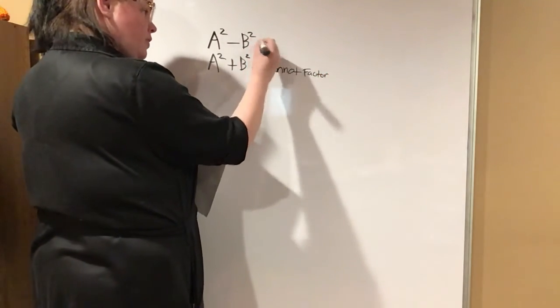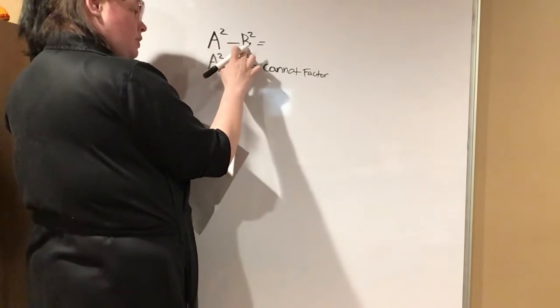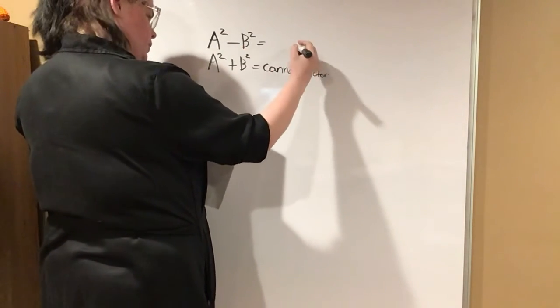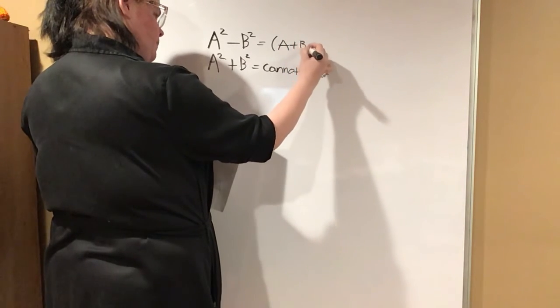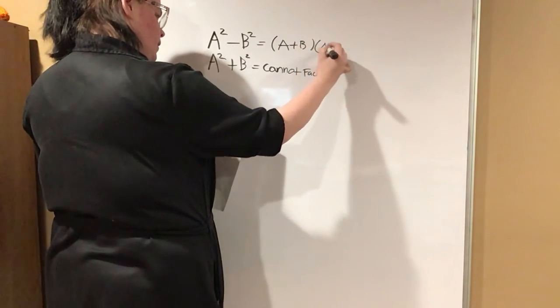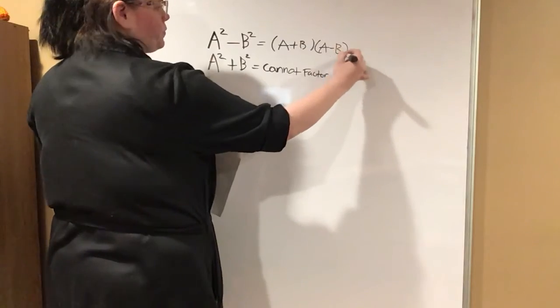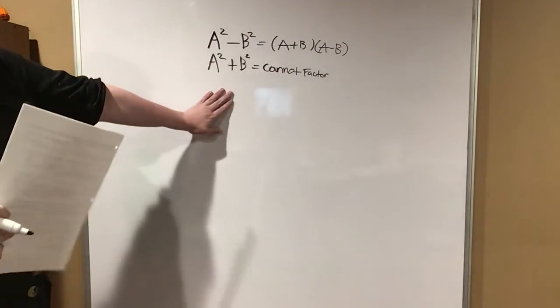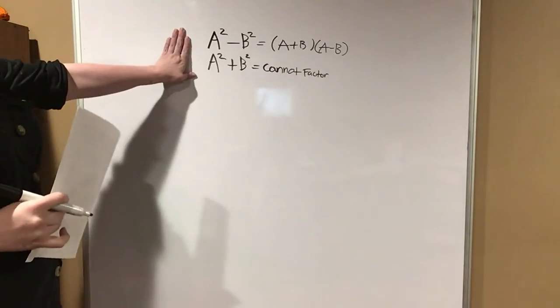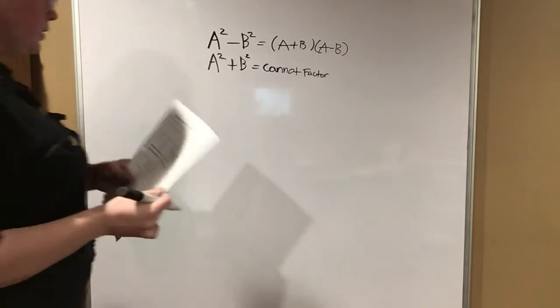A difference of squares, so if you see a square minus a square, is actually going to factor nicely like this: (a plus b)(a minus b). Okay? So a sum of squares can't factor, a difference of squares can. So let's look at this.